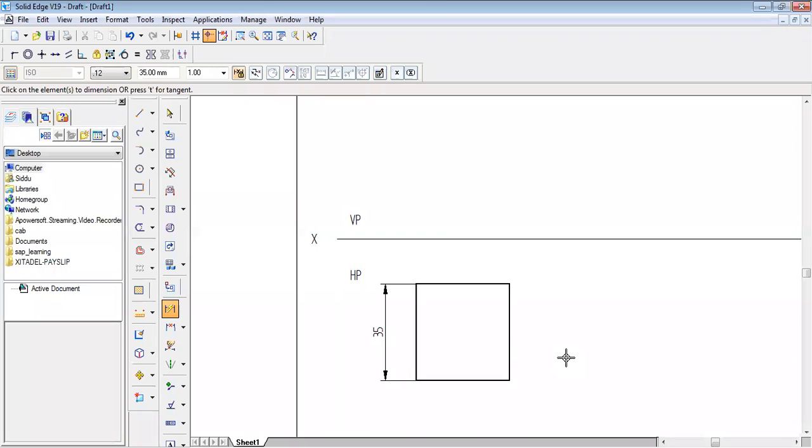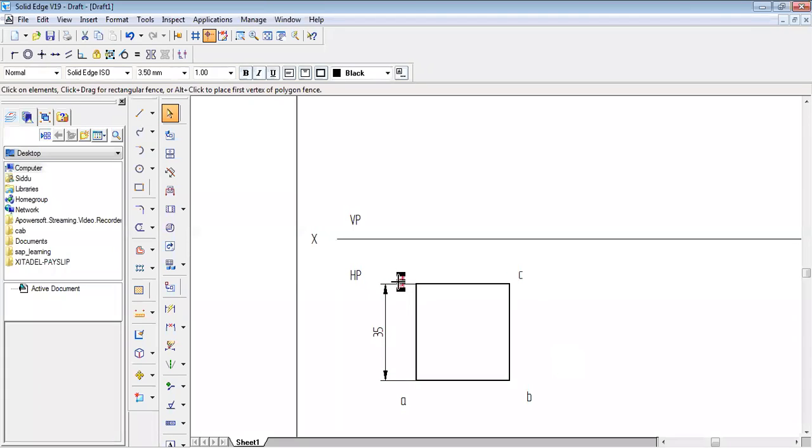So the naming could be different for pyramids. As we have done in planes, let us name this as A, B, then C, and D, friends. Now you can see it is different from prisms.